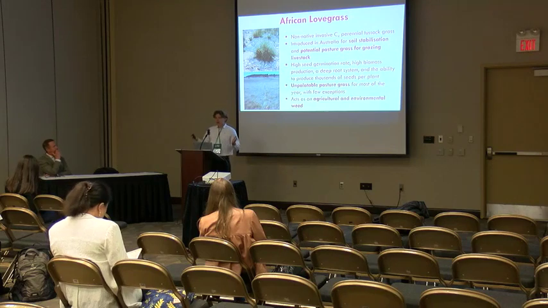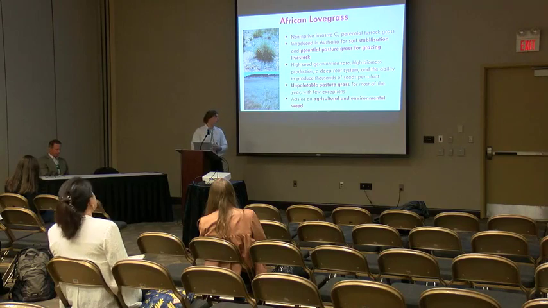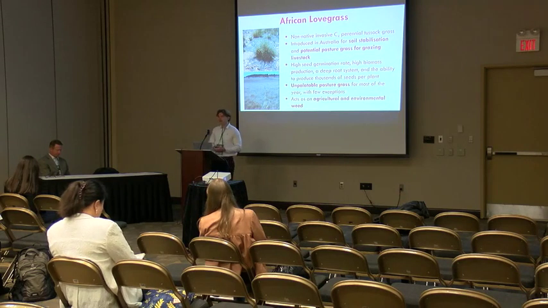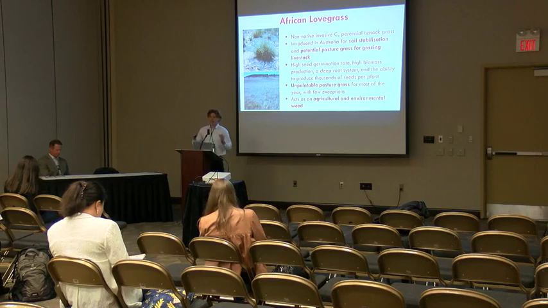If it was a palatable pasture grass, it would be amazing because it's self-spreading and produces a lot of biomass, but as it turns out, it's fairly unpalatable for most of the year for livestock. There are a few exceptions to that. So due to these traits, it acts as an agricultural and environmental weed. Environmental weed in that it seems to be decreasing the richness and diversity of other species.